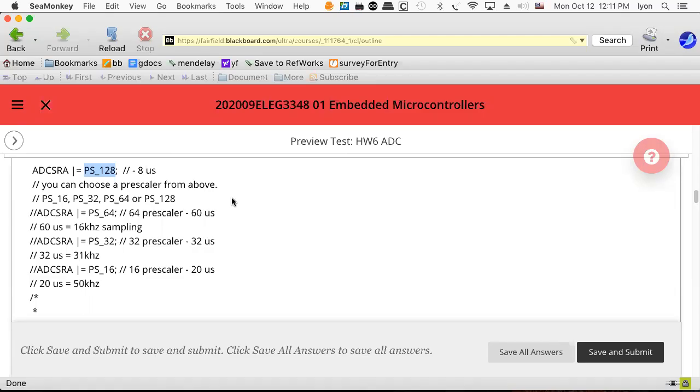We take our 125 kilohertz, we divide through by 13, and we get 9.6 kilohertz, right? So 9.6 kilohertz. You want the period on this. It's 1 divided by 9615, I think it comes to.